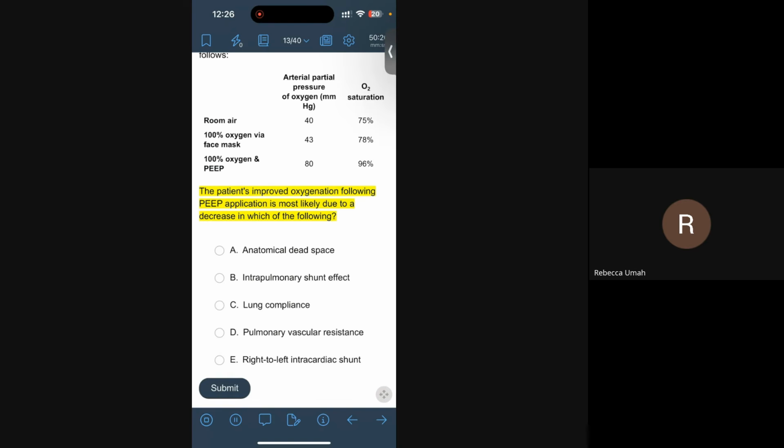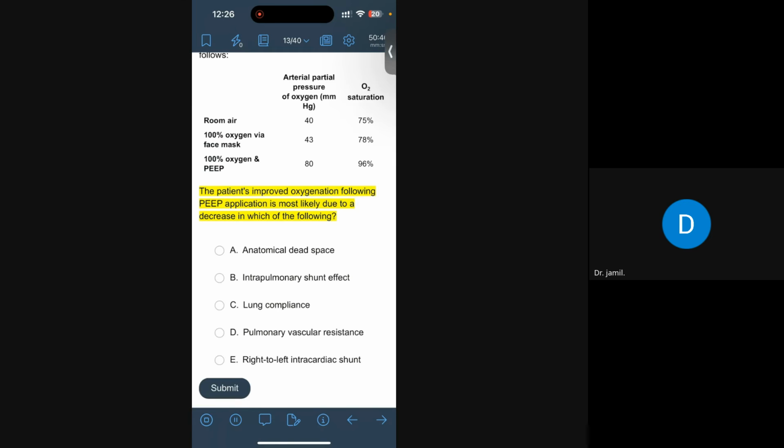Now you have to tell me, by giving PEEP, which of the following is going to decrease? Does the shunting which happens in this case occur intracardiac or intrapulmonary?